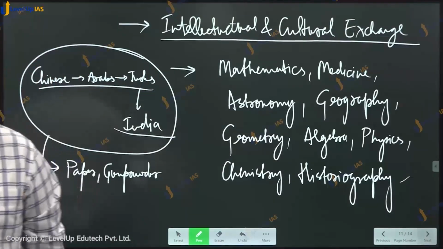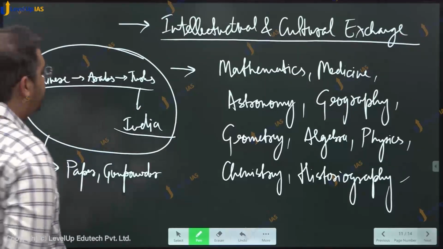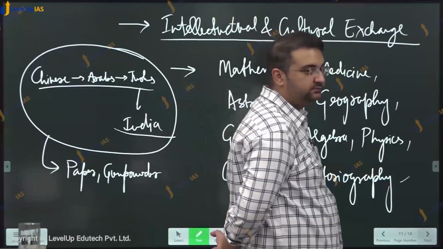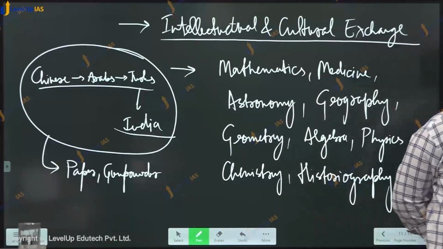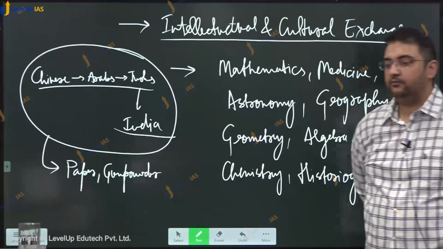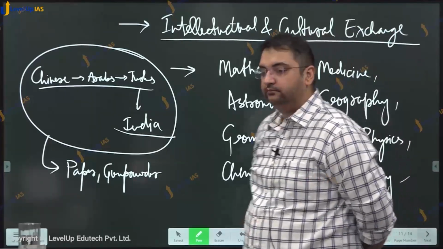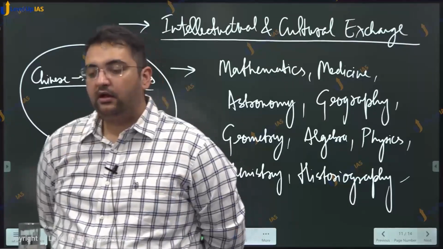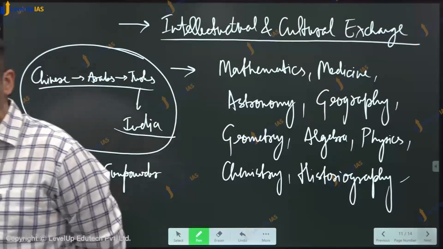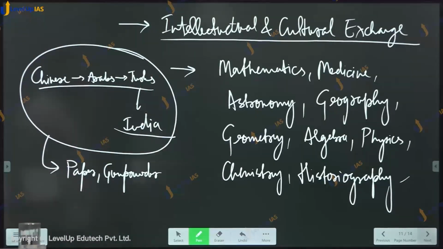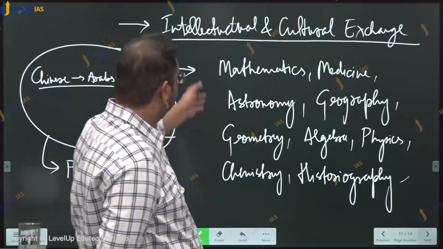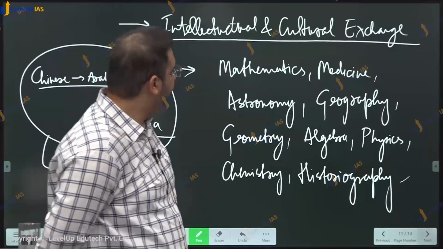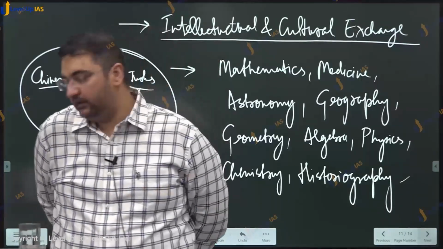Subpoint. This exchange was bidirectional. And covered areas such as, ये सब लिख सकते हो, मैथमेटिक्स, मेडिसिन, एस्ट्रोनॉमी, जियोग्राफी, जियोमेट्री, algebra, physics, chemistry, historiography, etc.